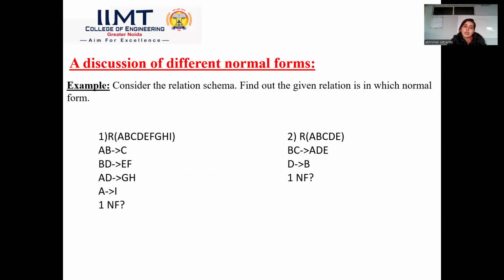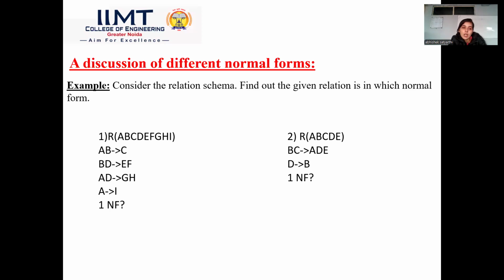Let's discuss some numericals on the basis of normalization. First we have a relation R given, and we have four dependencies. We have to find out whether the given relation is in 1NF. So I start from the highest normal form, BCNF. BCNF says all left hand sides should be a key, and here the left hand side of the dependencies is not a key.